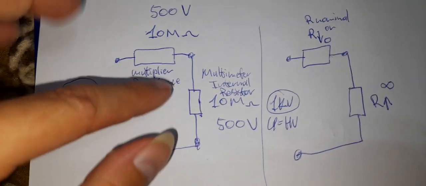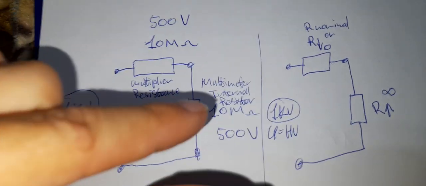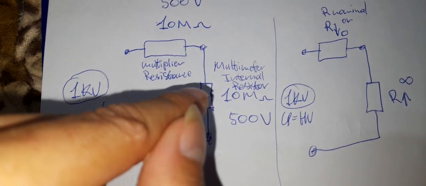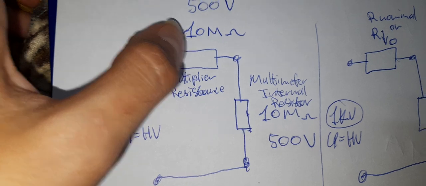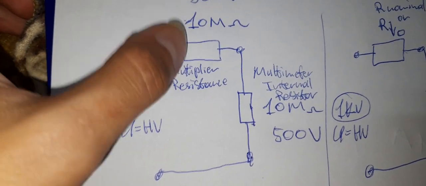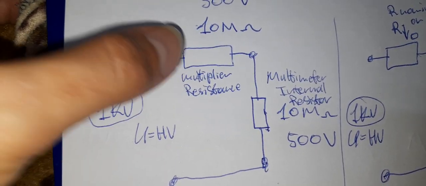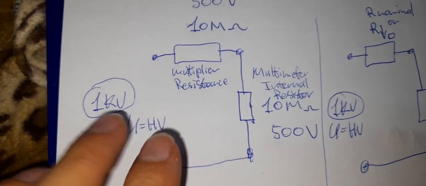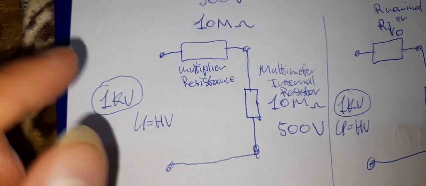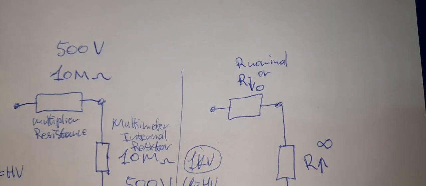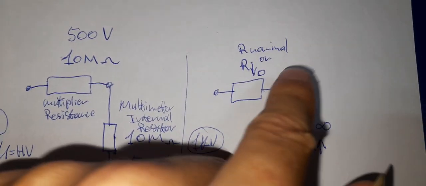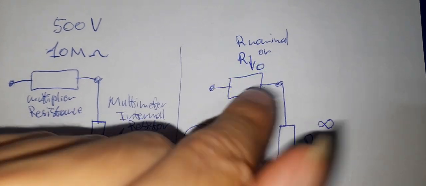So, if you want to measure with this, for example, 10 mega ohm resistor multimeter, and if you have the resistance of the multiplier 10 mega ohm and you have a power supply with the voltage 1 kilovolt, it will get divided by 500 volts and 500 volts. So the resistance of the power supply needs to be very low, up to 0.